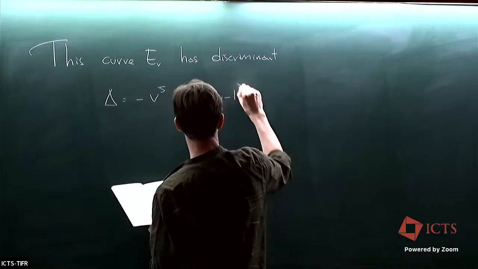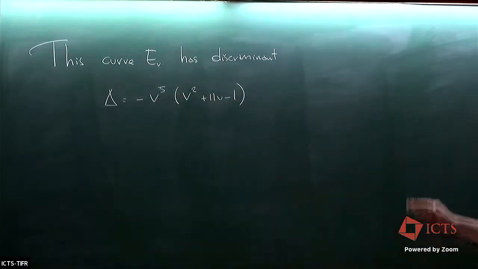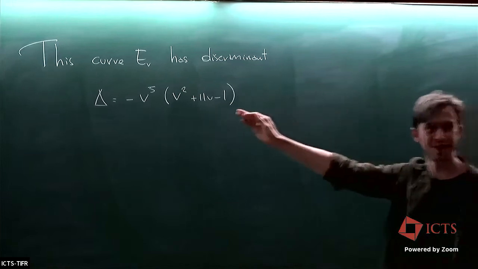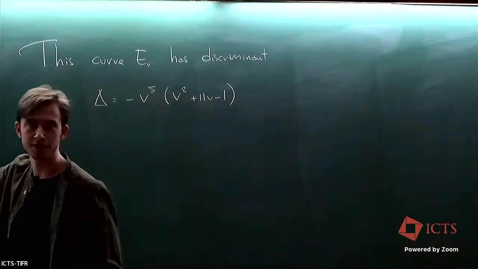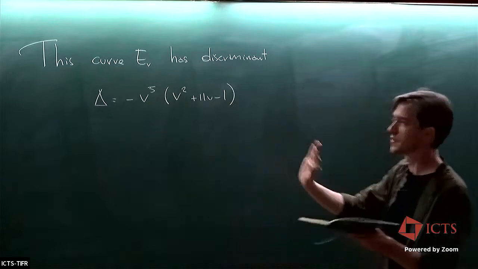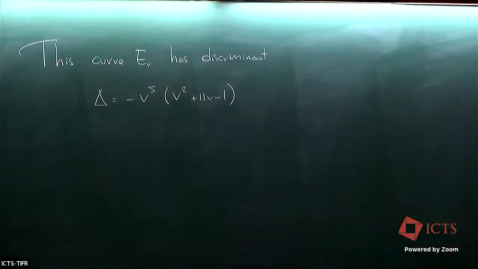There we go. Okay. So that means whenever v is a root of this, or infinity, the point at infinity also is not allowed, this is not going to be an elliptic curve. It's going to have a singularity.